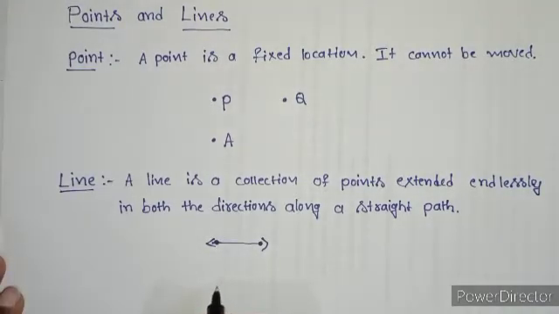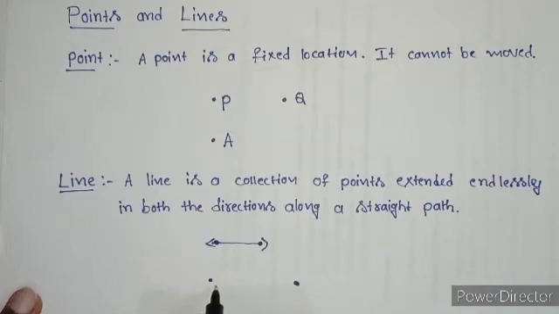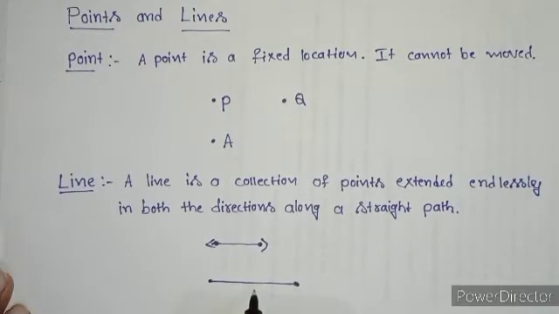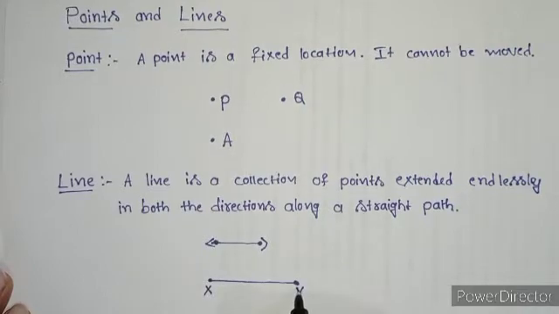All of you see here, this is one point and this is one point. Here I am going to draw a straight line between these 2 points. Let us mark them with English alphabets. For example, this point is X and this point is Y. The line above is written as XY with a line arrow over it.